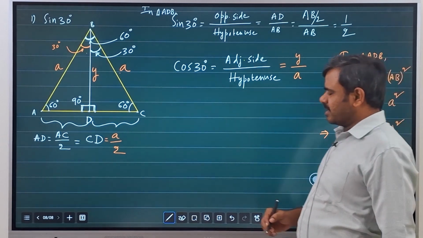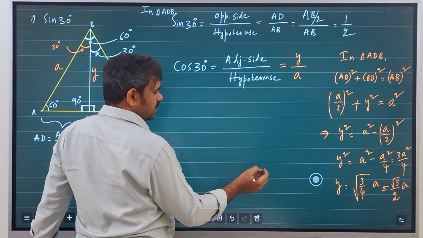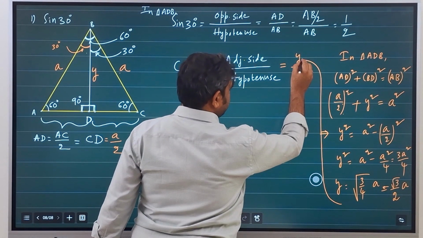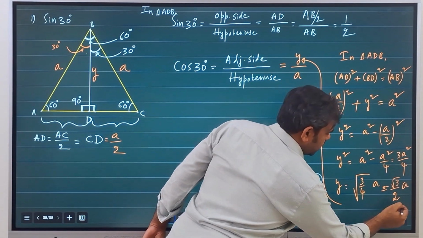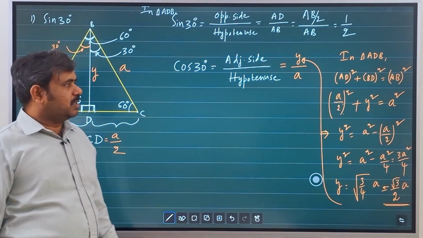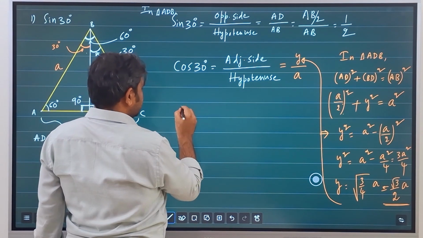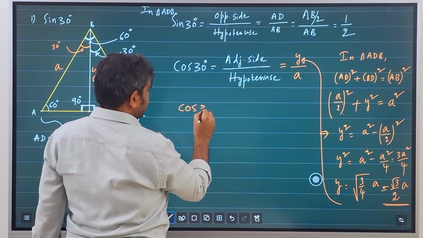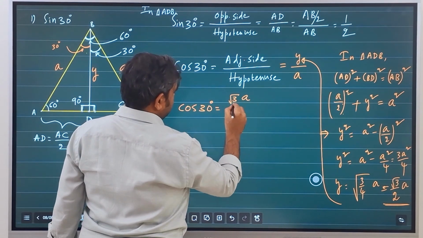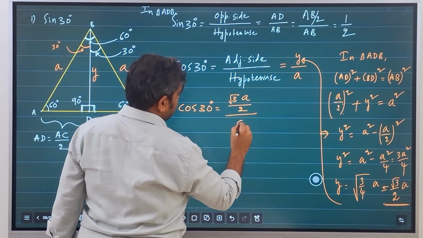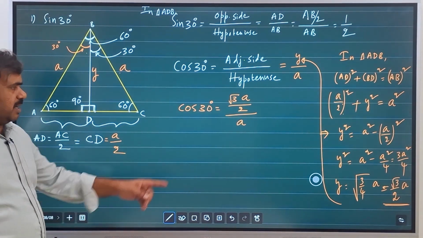So cos 30 degrees is equal to what? Substitute this Y here. We got the Y value as root 3A by 2. Substituting in this equation, you get cos 30 degrees is equal to root 3A by 2 divided by A. A gets cancelled.